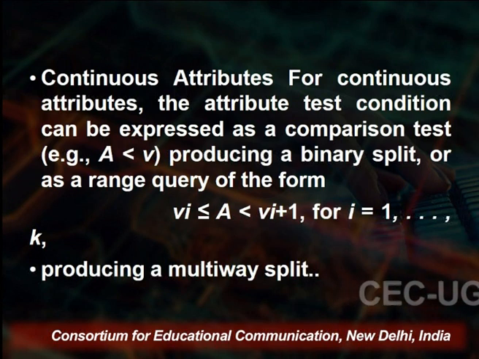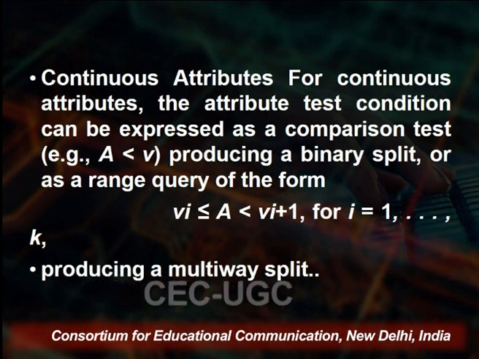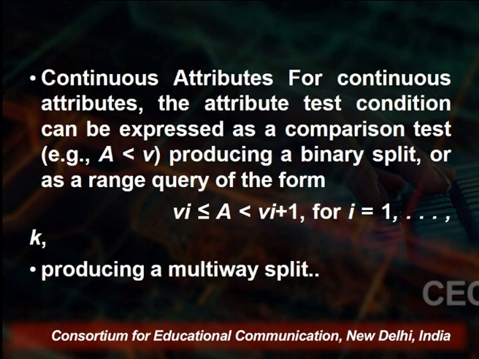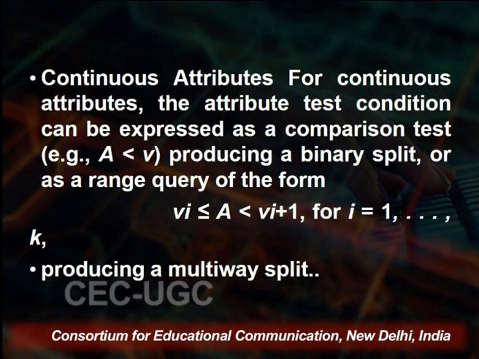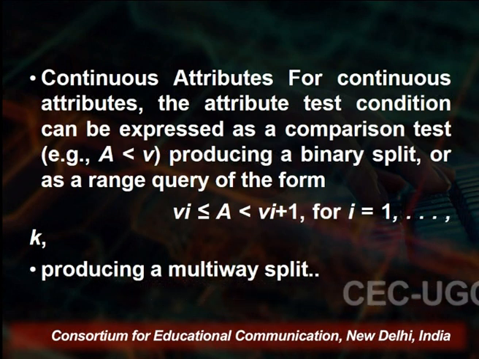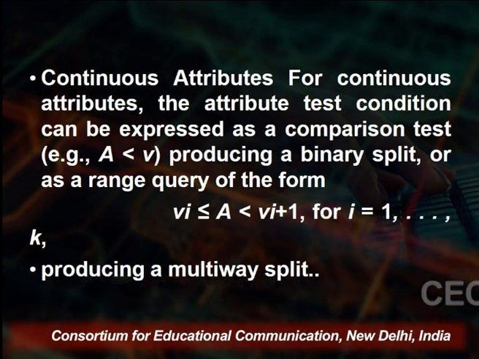So these are continuous attributes and here we have the attribute test condition, okay. So we have to represent the attribute test condition in the form of a comparison test, right, because these are generally values. So you will compare the values for producing a binary split. That is, if a particular value is less than a particular value, then you will put it in one class.